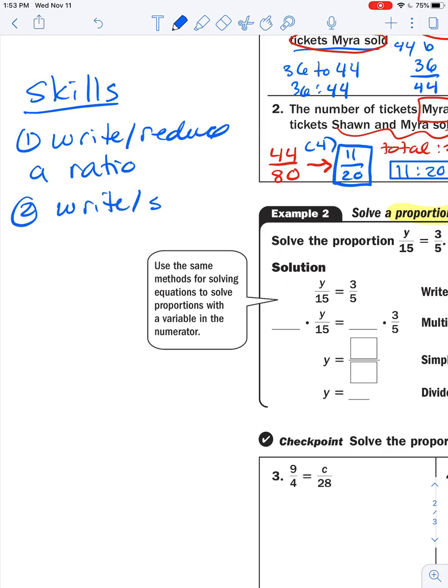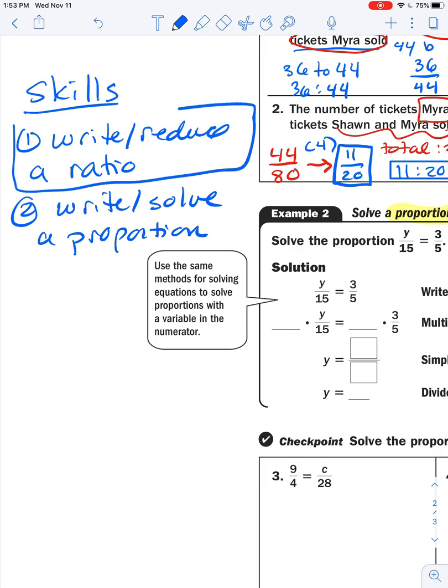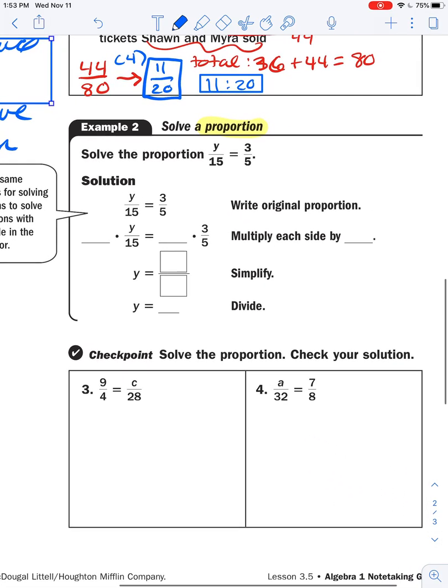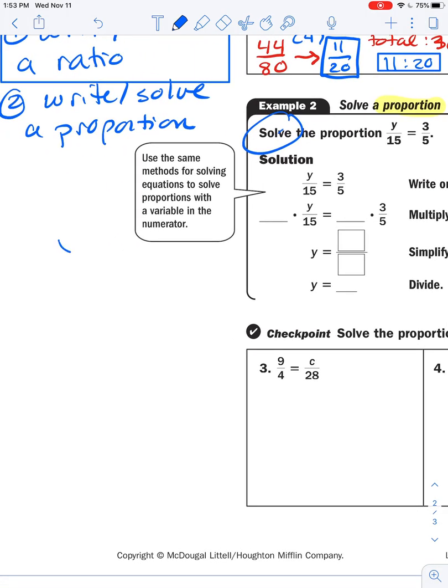The second thing is you need to be able to possibly write and then solve, meaning finding a value, a proportion. So that's going to be where they are combined and compared to each other. So we already did this skill. That's what we've been looking at in our first examples. Now we're going to look at that second one. Here we're going to solve the proportion. Okay, so let's think about what we already know about solving.